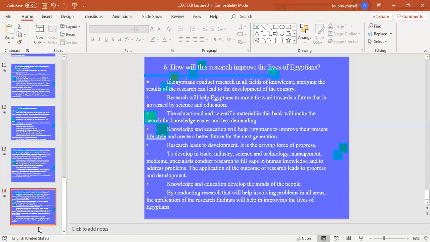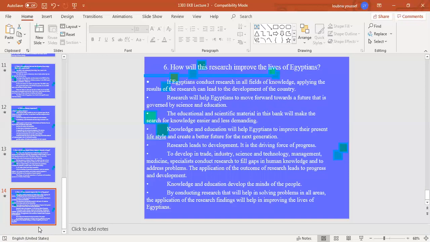So, if research is done in the field of medicine, in the field of engineering, in the fields of finance, in the fields of management, history, geography, literature, the Arabic language and the development of the Arabic language, criticism, all fields of knowledge, all right?